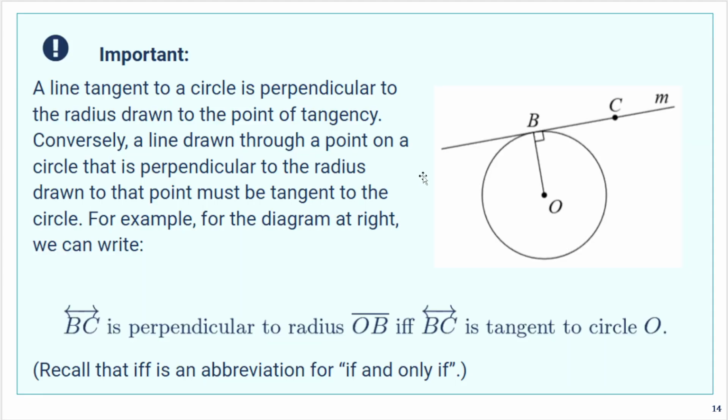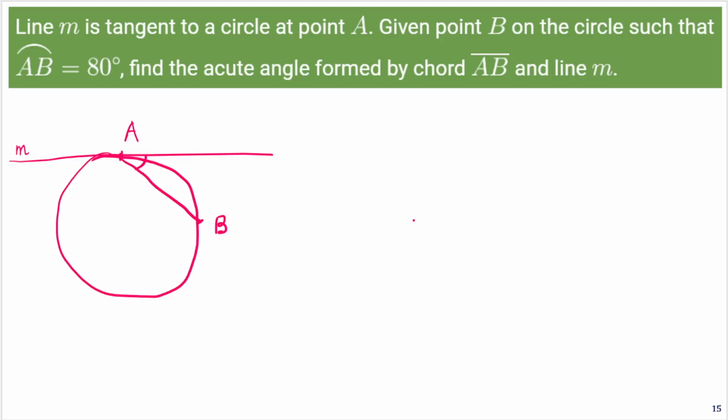Using what we have just learned, we have already proved this property, so you can just use it directly, right? If you have a tangent line here, that means we could make use of some perpendicular lines, right? I'll give a hint. We could start by drawing the diameter AC. Then we have 90 degrees here, right?